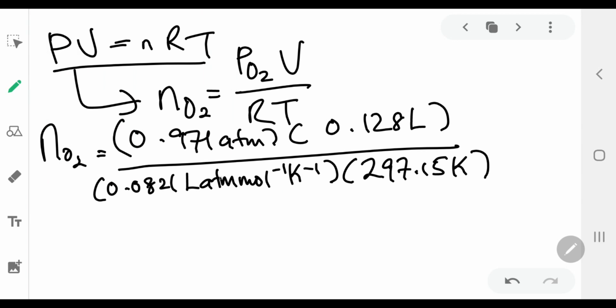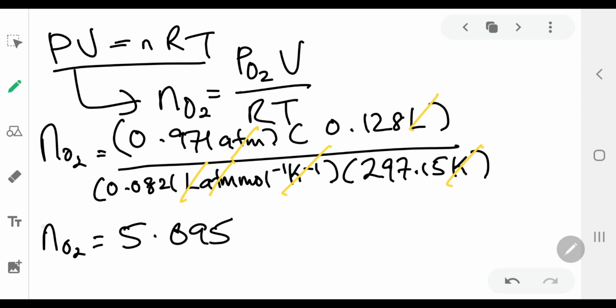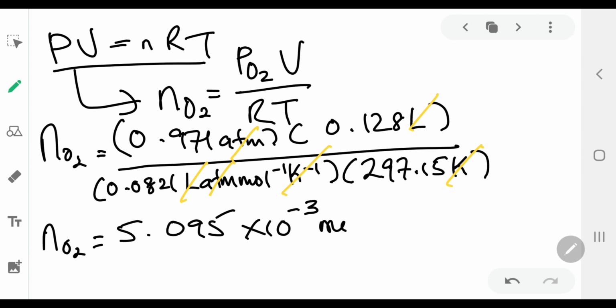Okay, so we can cancel that, and then we can cancel this one and that one, this one and that one. So the number of mole of oxygen should be about 5.095 times 10 to the power of -3 mole.